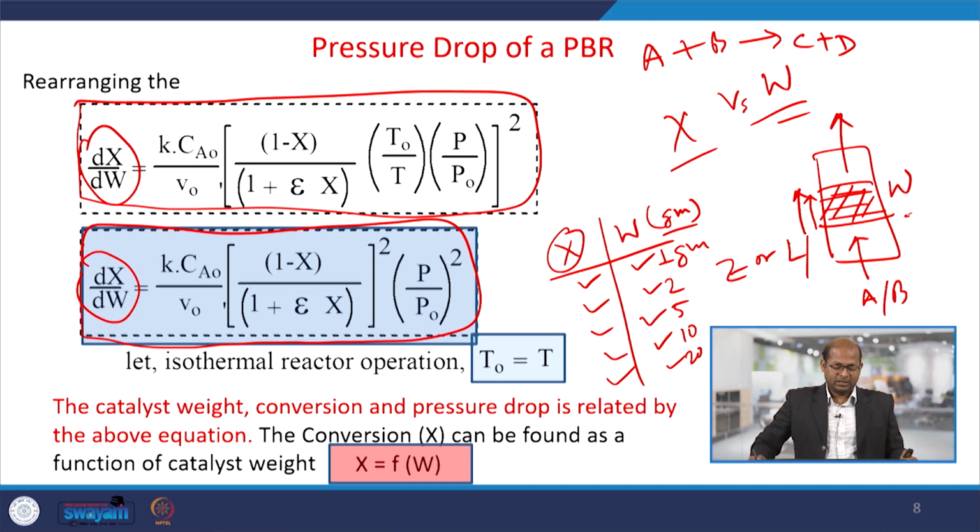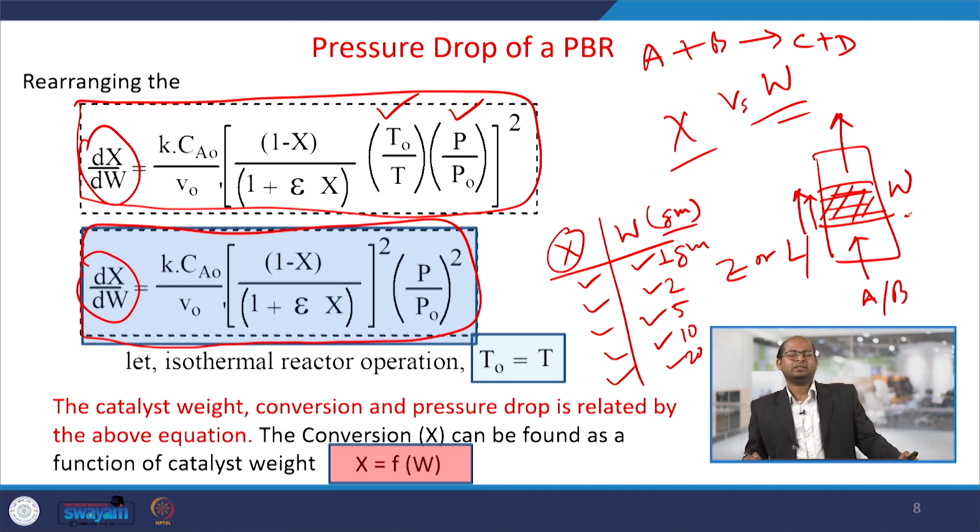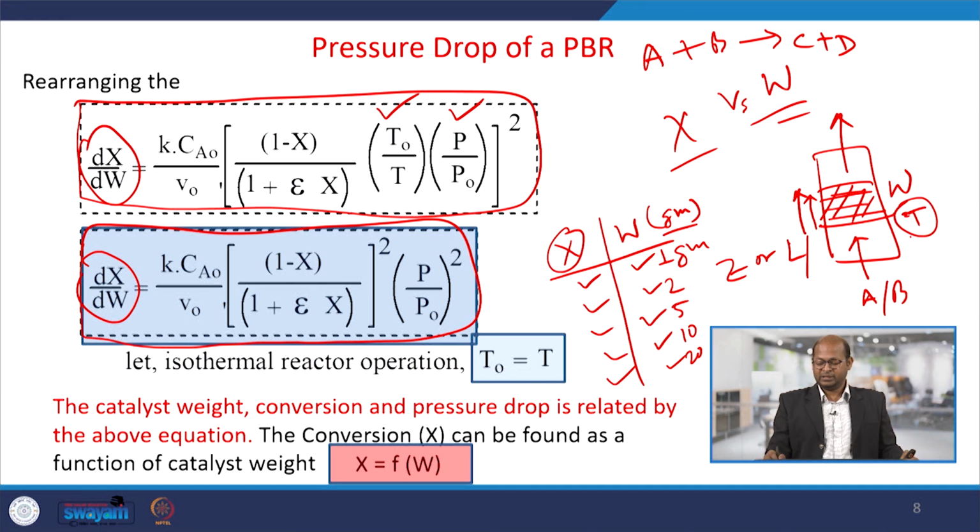There are so many parameters here, temperature and pressure. For our simplification we can consider that the reaction is conducted at isothermal temperature, meaning we maintain the temperature throughout the bed. Outside of the reactor there is some steam jacket or temperature supply element connected.